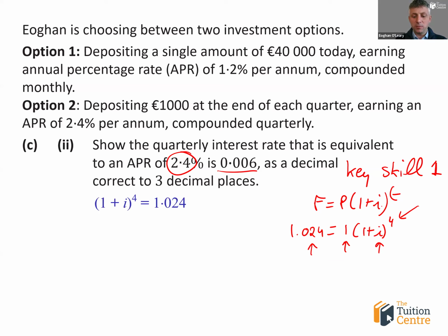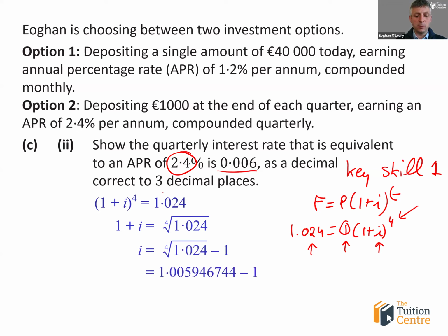So that'll simplify down, the 1 here will disappear. 1 plus i to the power of 4 is equal to 1.024. Take the 4th root of 1.024 and then subtract 1 away. So we get 1.005940. Not doing a very good job of saying that number, am I?